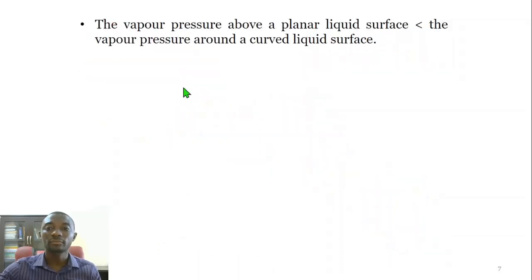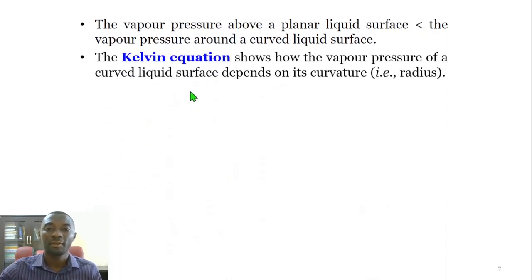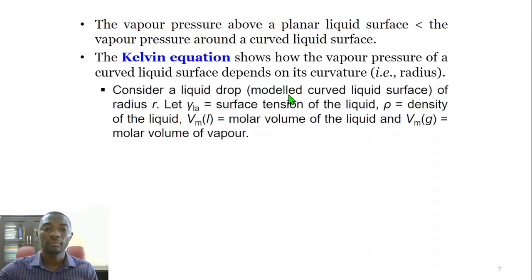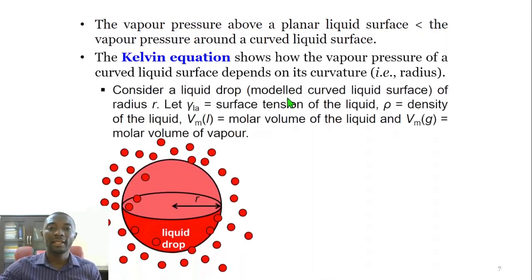So the vapor pressure above a planar liquid surface is less than the vapor pressure around a curved liquid surface. The Kelvin equation shows how the vapor pressure of a curved surface depends on its curvature, that is radius. Let us consider a liquid drop, which is our modeled curved liquid surface, of radius r.